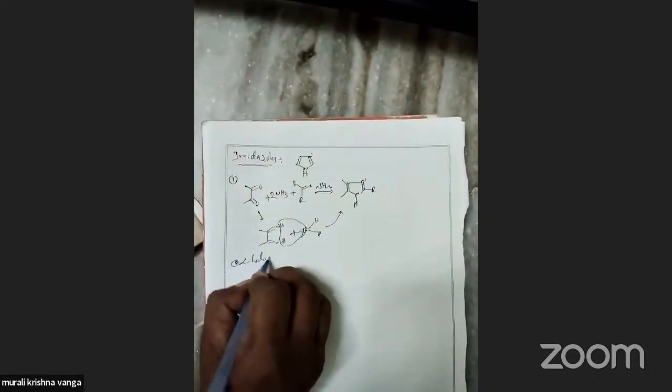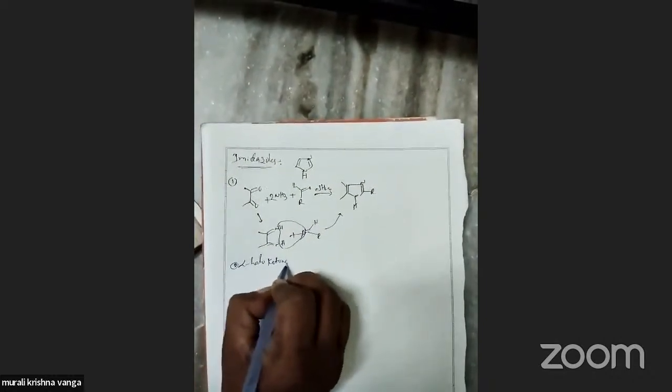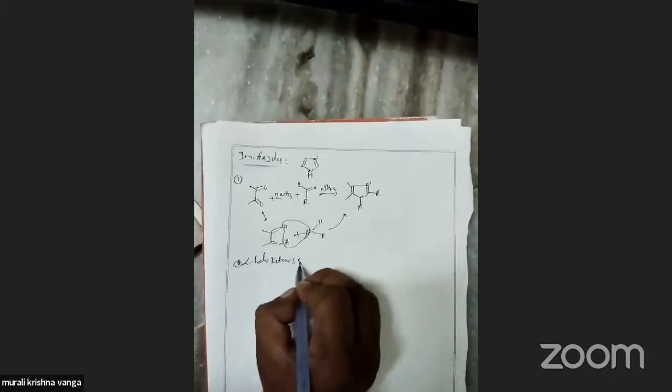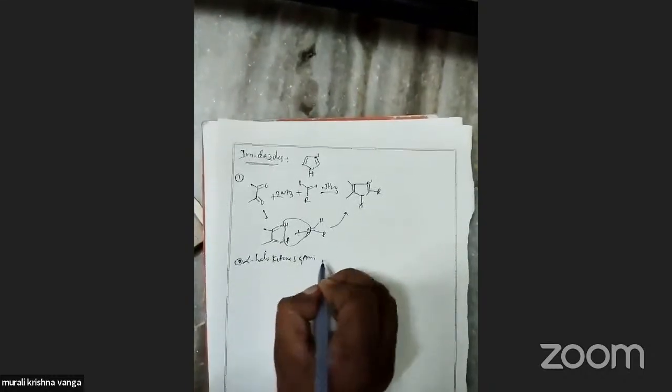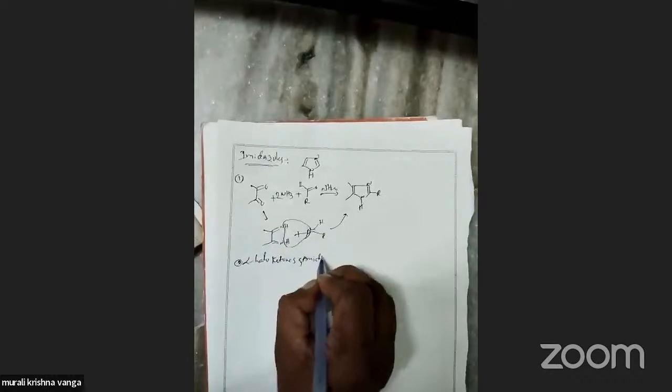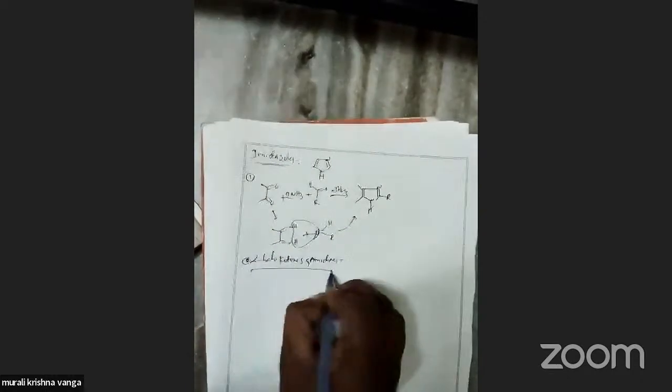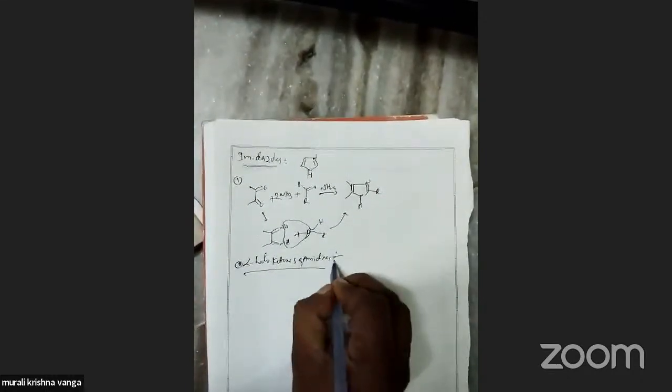Next one is alpha haloketones and amidines.